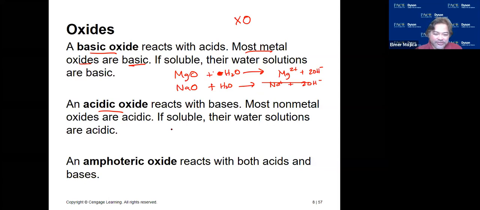Compared to the acidic oxides like CO2, SO2, you react them with water, what happens? What do you produce? An acid? Does it make sense?